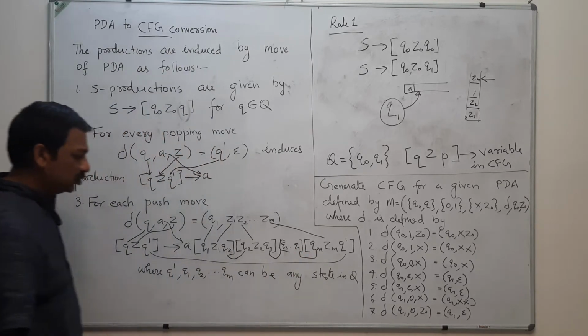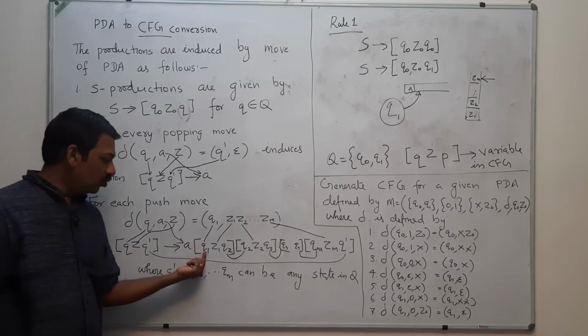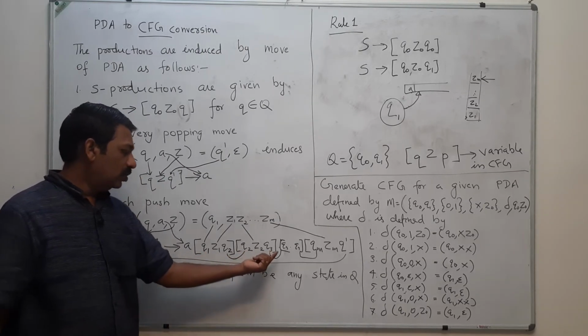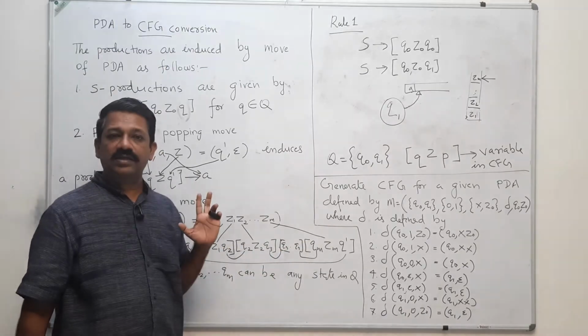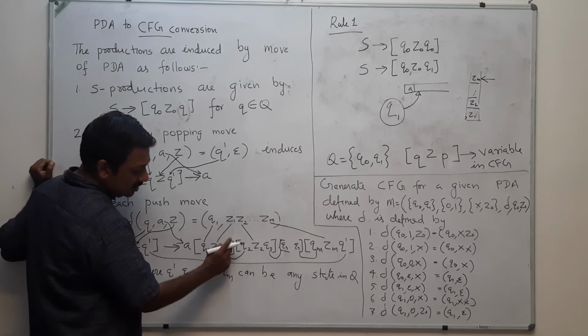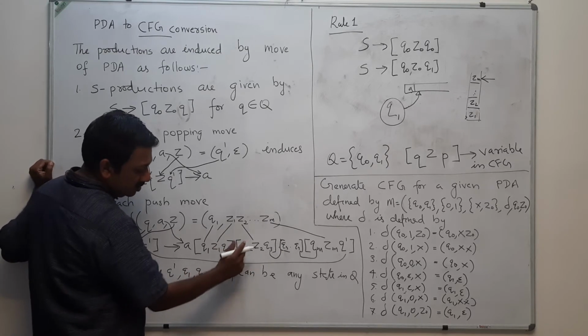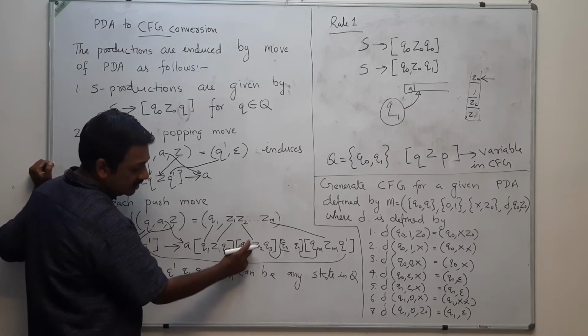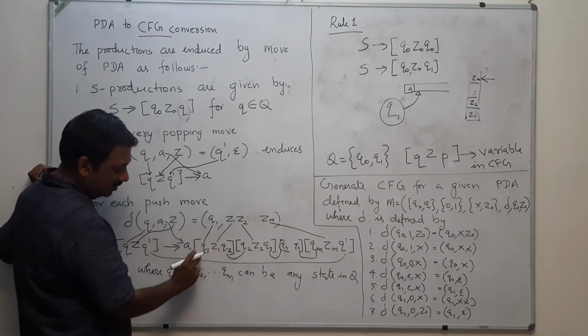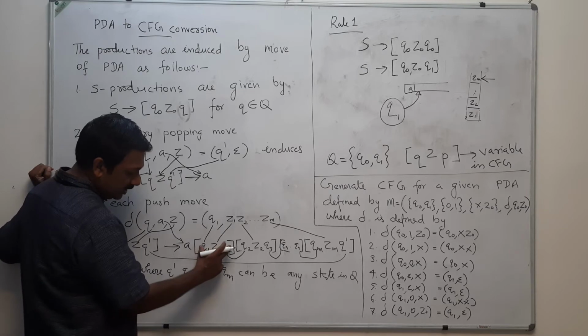Those two should be the same. That means Q1 is equal to Q2, Q2 is equal to Q3, Q3 is equal to Q4, etc. That means here this is a state. This state should be the starting of the next variable. That means here a variable is having two states.